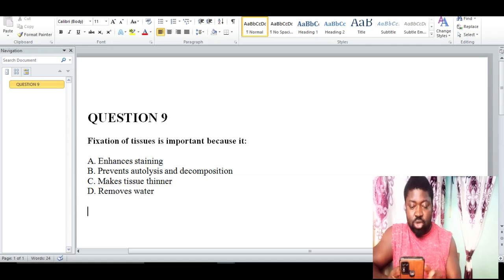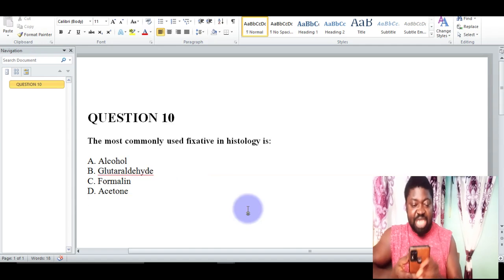Now, let's move to question number 10. The most commonly used fixative in histology is A, alcohol, B, glutaraldehyde, C, formalin, and D, acetone. Remember, I've just told you in the last question that it is mostly formalin that is used as a fixative in most labs to prevent decomposition of cells and maintain them close to life.